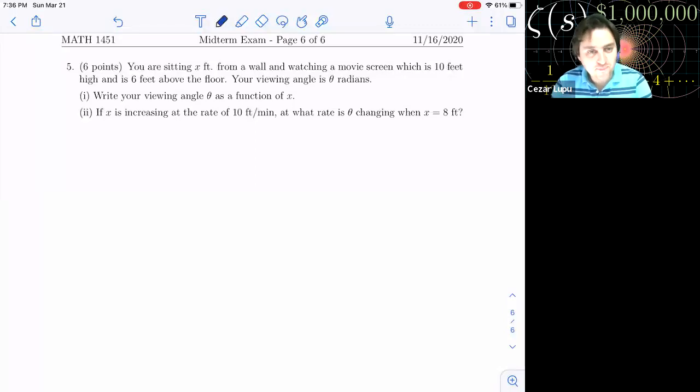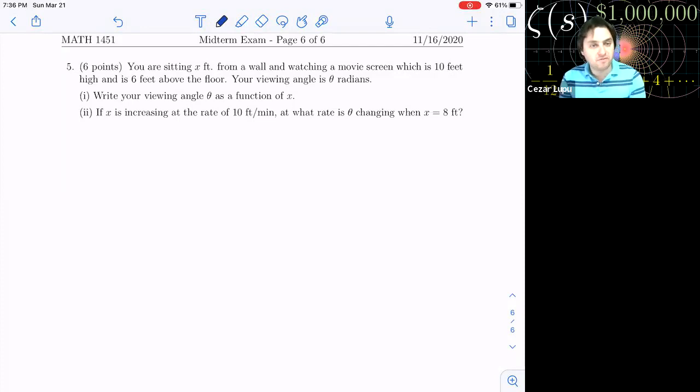So let's see. You're sitting at X feet from a wall and watching a movie screen, which is 10 feet high and is 6 feet above the floor. This is important. Your viewing angle is theta radians.